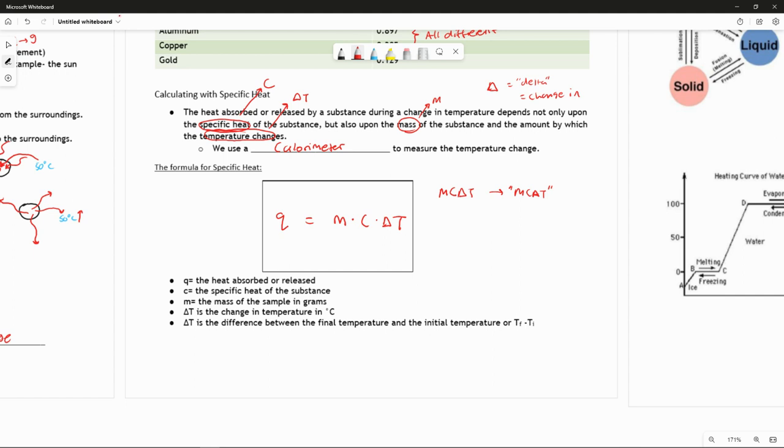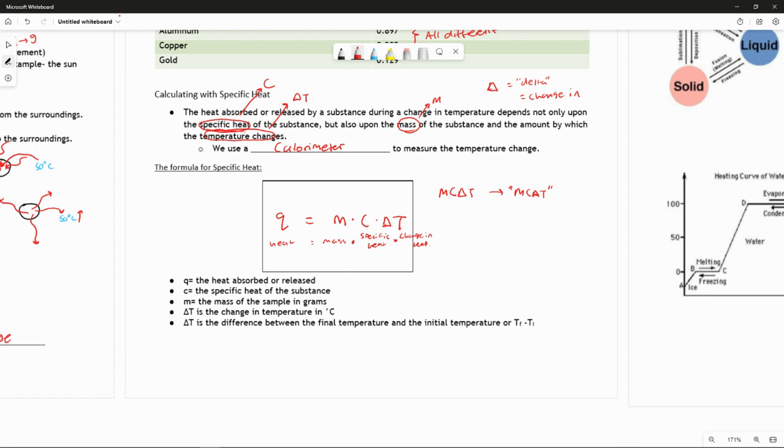Q, heat, equals mass times specific heat times change in temperature. You're multiplying these together.